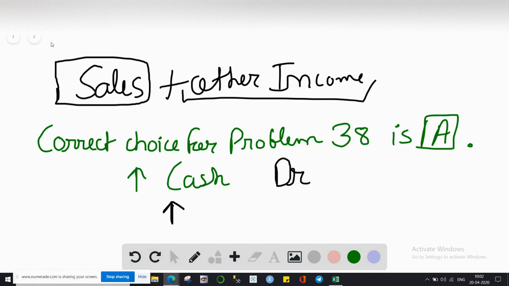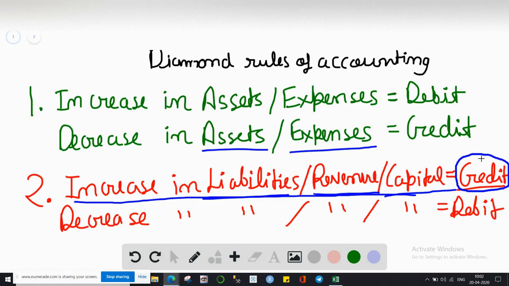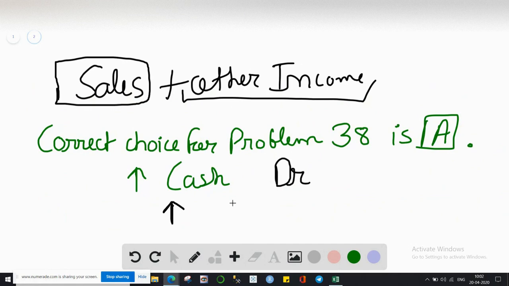If there is an increase in revenue, then what is the way of representation to reflect the increase in revenue? It's a credit. So we generally do not write revenue; if we receive the cash against the revenue, we generally write sales credit. So this is the journal entry.